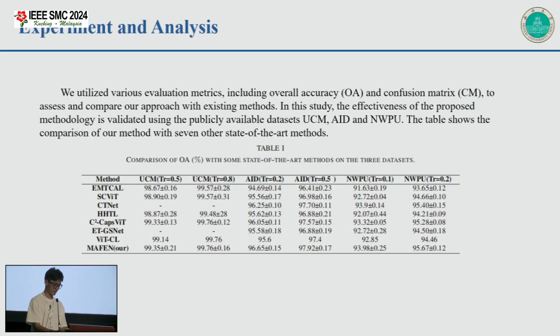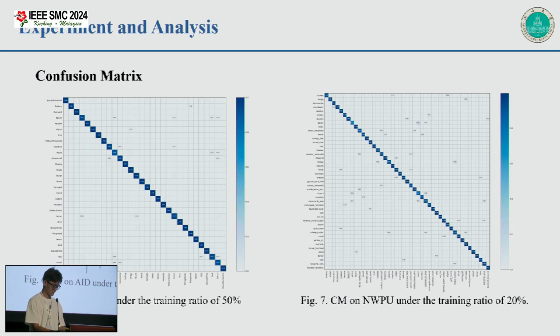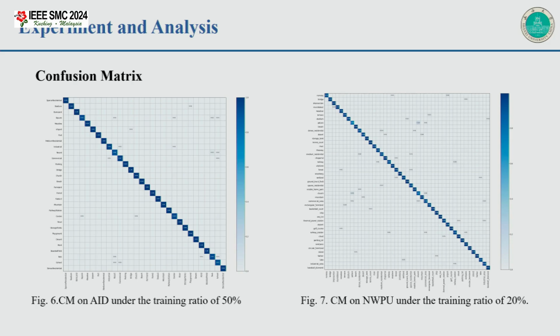This is UCM, AID, and NWPU. The table shows the comparison of our method with 7 other state of the art methods. The figure shows the confusion matrix on both data sets.